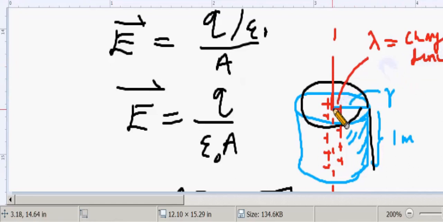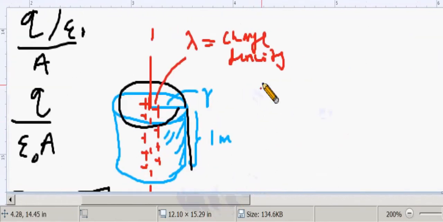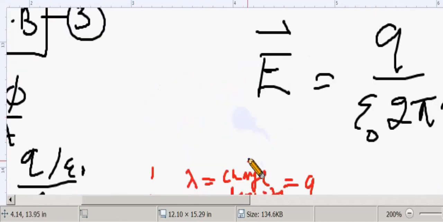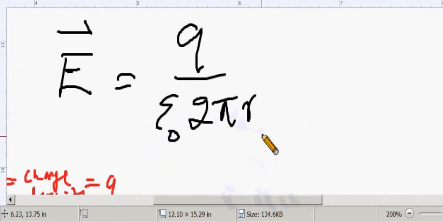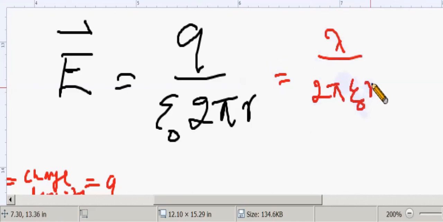The total charge distributed along 1 meter length, a unit length of a wire. So that is Q here. So we can use that Q because that is the total charge inside this surface. So we can use lambda instead of this Q.